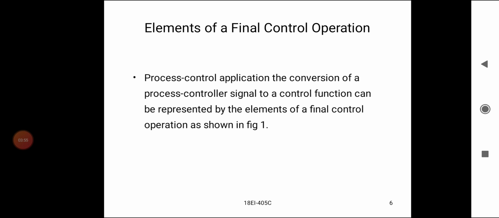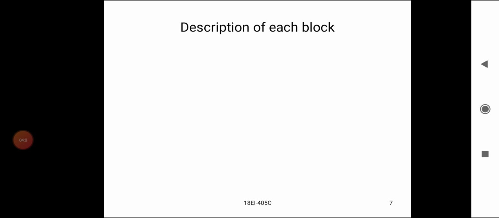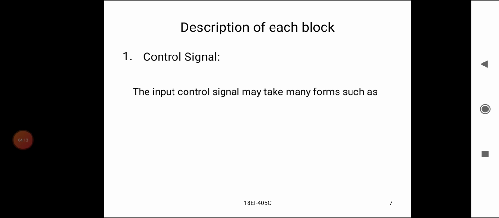In process control applications, the conversion of a process control signal to a control function can be represented by the elements of final control operation as shown in the figure. Description of each signal: control signal.